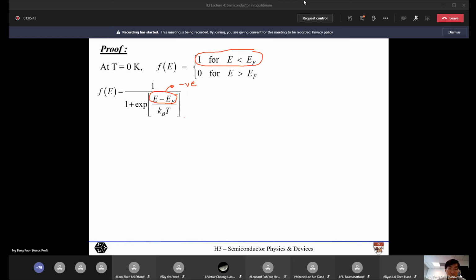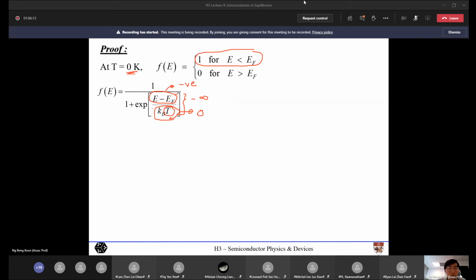And this temperature in the denominator, if you set it to 0 Kelvin, that means this term becomes 0. And this is in the denominator, so if we take the reciprocal, the whole thing will tend to negative infinity.